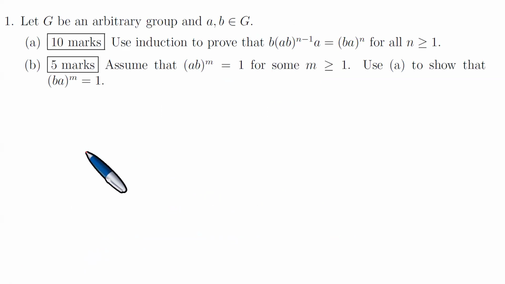So there are some things you have seen. For example, given let G be an arbitrary group, and A and B are elements of the group G. For 10 points, it becomes significant to be in a position to use induction.